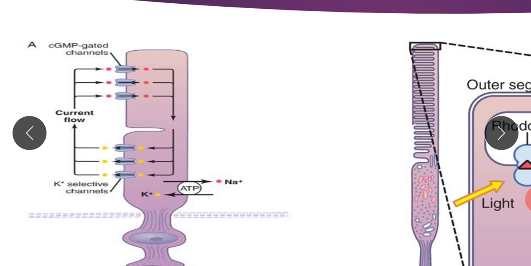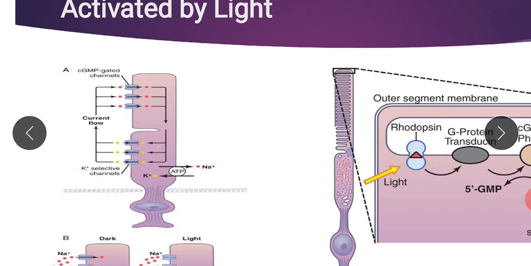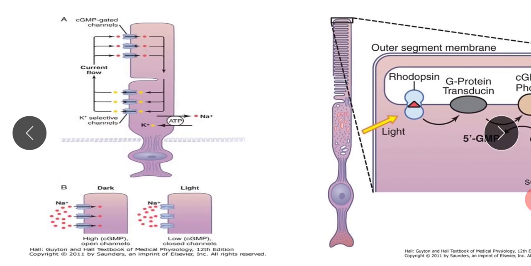Because the positive ions come back inside the receptors, the resting membrane potential of rods and cones is around -40. Normally the resting membrane potential of other somatic sensory receptors is around -70 to -80, but in this case it is -40 because the positive ions come back in some amount.